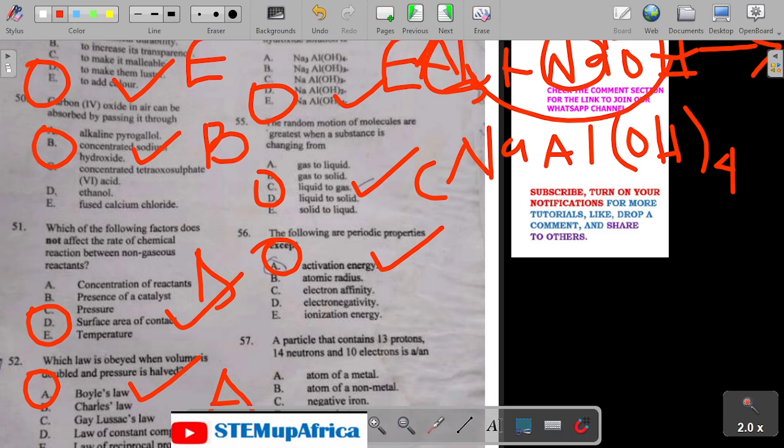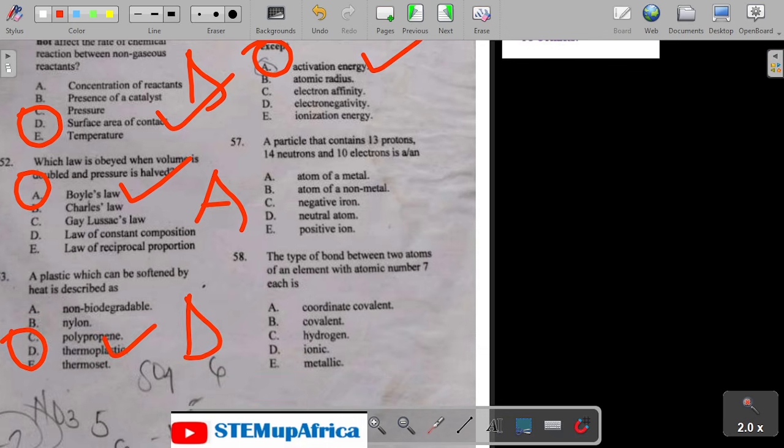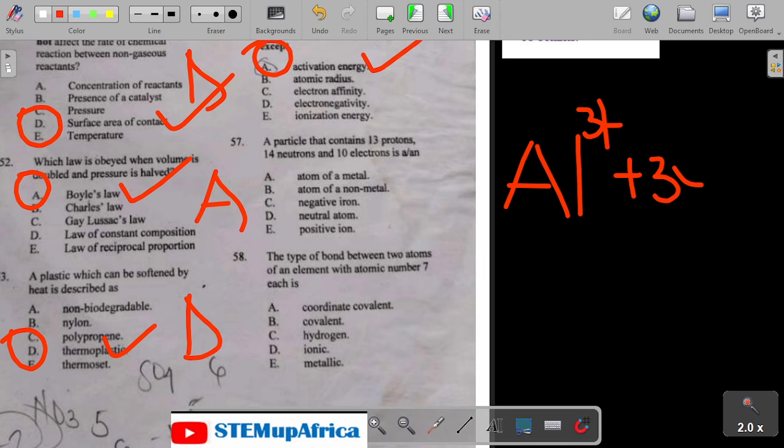So let's look at 57. Say an atom contains 13 protons, 14 neutrons, and 10 electrons is a what? It is a positive ion, Al3+. So if you lose 3 electrons, from 13 now it becomes 10.